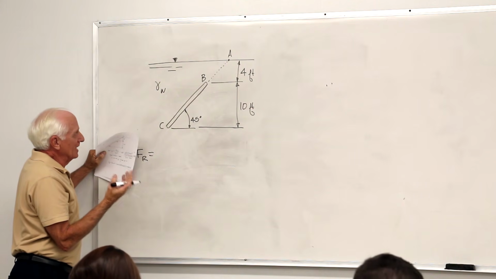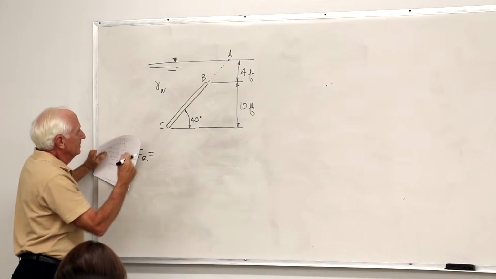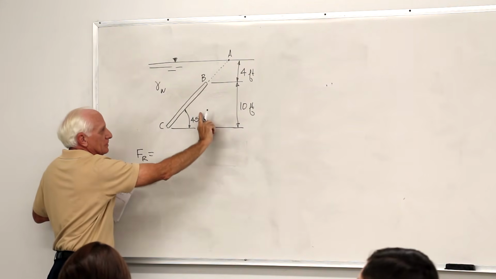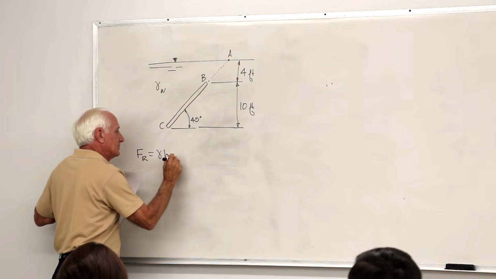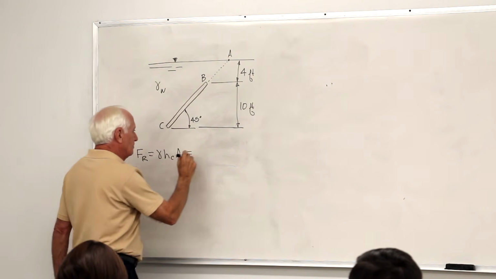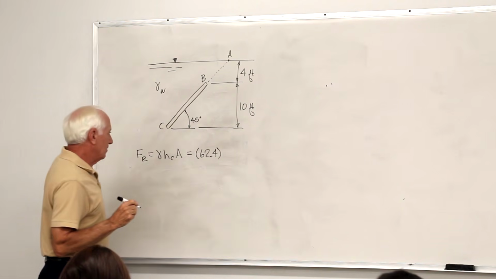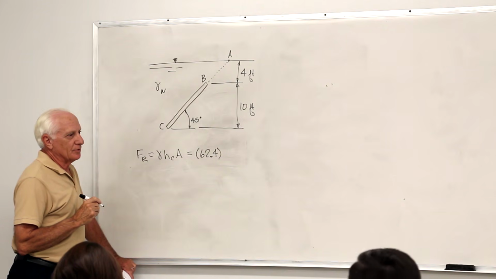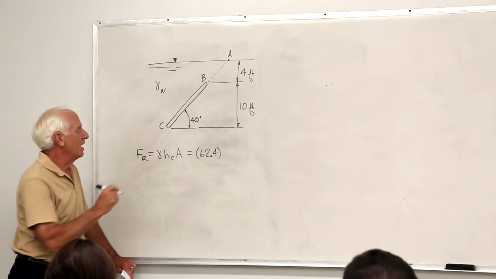All right, it was similar to the last problem. The force of the water on surface BC down here pushing up is gamma H sub C times A. Gamma 62.4 pounds per cubic foot. H sub C is the vertical distance down from the free surface to the centroid of the surface of interest.